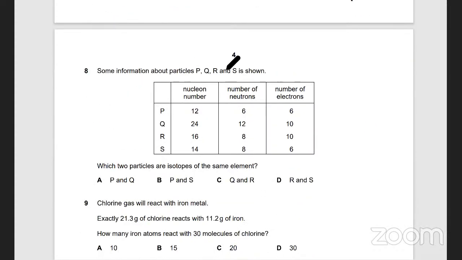Next one: some information about P, Q, R and S is shown. Which two particles are isotopes of the same element? What is the only thing that's different between isotopes? The neutron number.